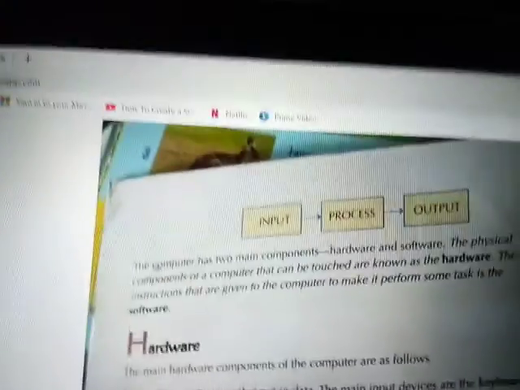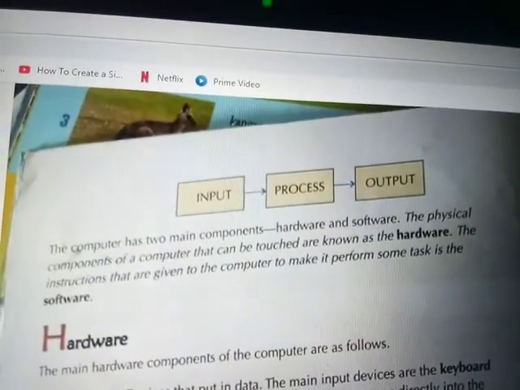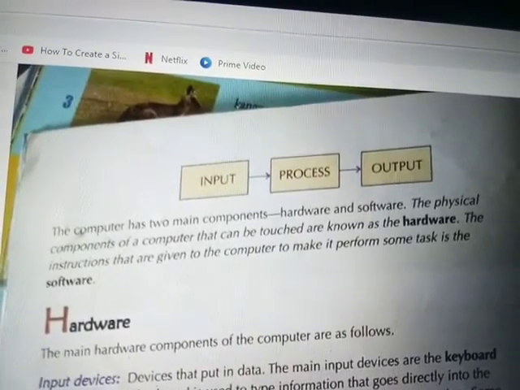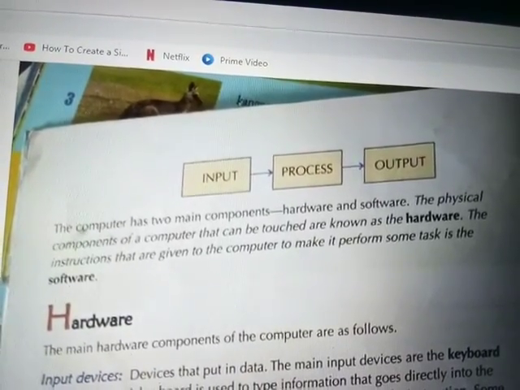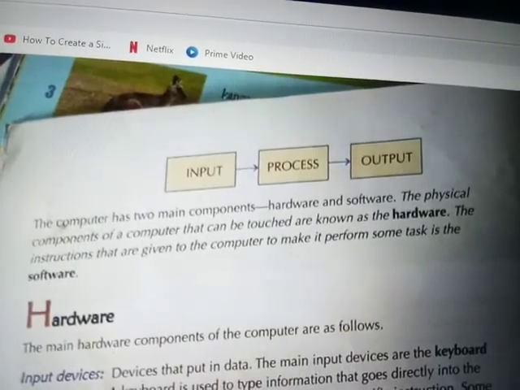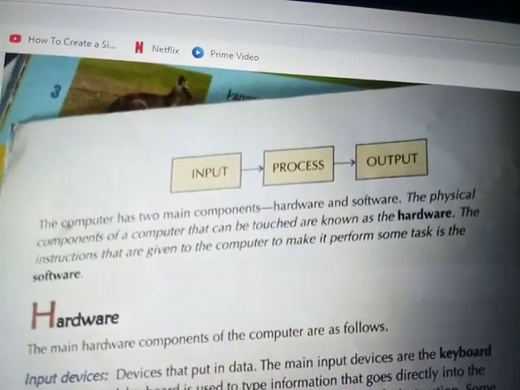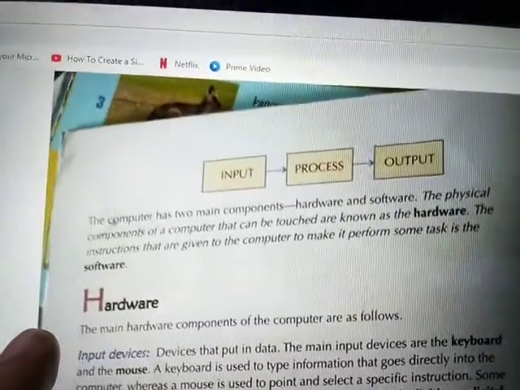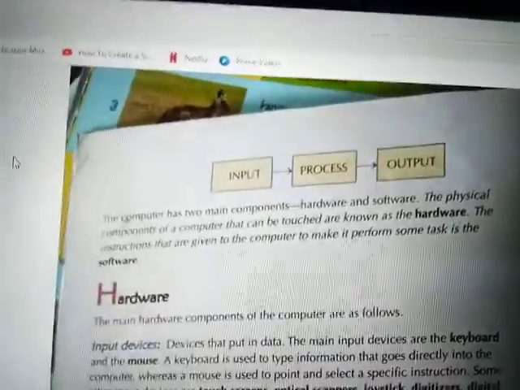See clearly, what is the first process of a computer? Input. It is receiving input from us. Then it processes with the help of the processor. Then finally it shows the output on the output screen. I know you are well aware of this because we have seen all these things in our lower classes.